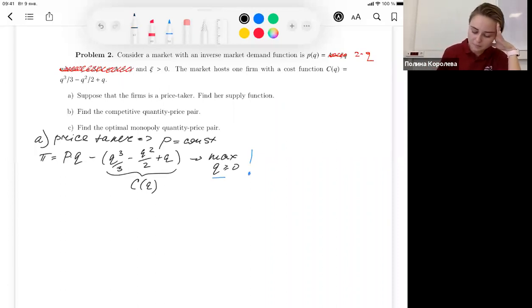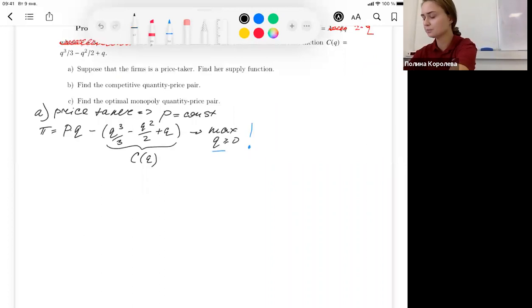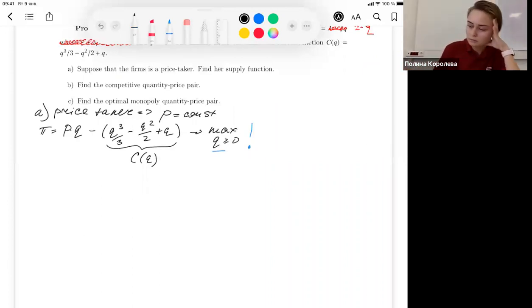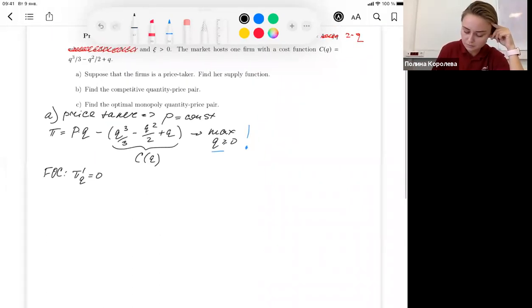So first of all, the first order condition. We should find critical points. The first derivative by quantity should be equal to 0 or less than or equal to 0. So let's take the first derivative.